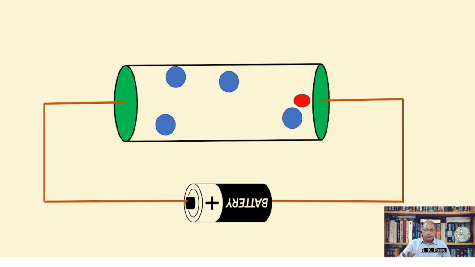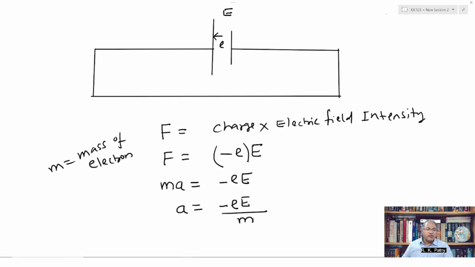Now let us assume that in a given piece of metal we remove all positive ions. So you see I am removing all positive ions. Now there is no question of bouncing and rebouncing of the electron, because in the entire piece of metal there are no positive ions, only a single electron is present, and we have applied the electric field here. So what will happen? As soon as we apply the electric field, the electron is accelerated towards the positive terminal of the battery. What is the value of acceleration?